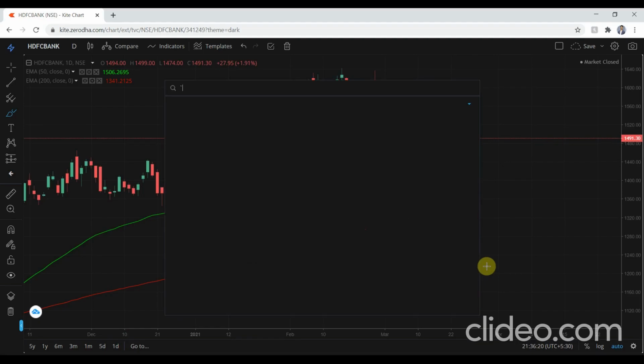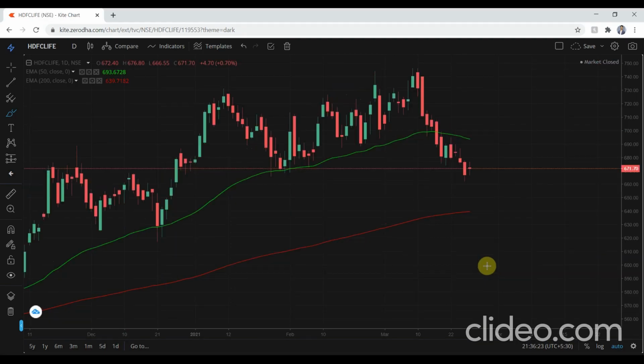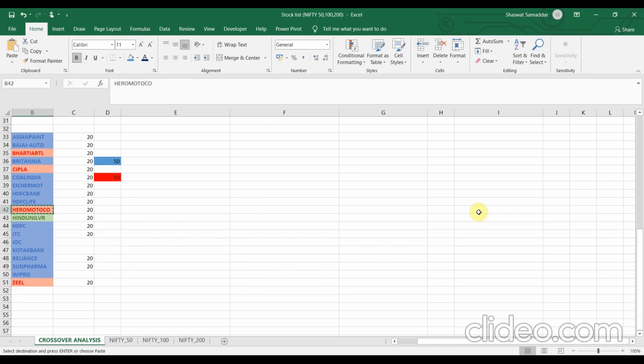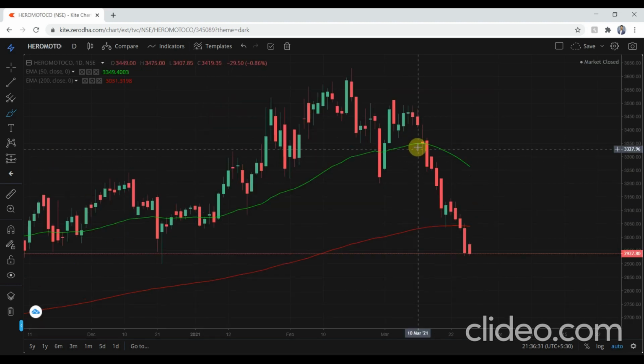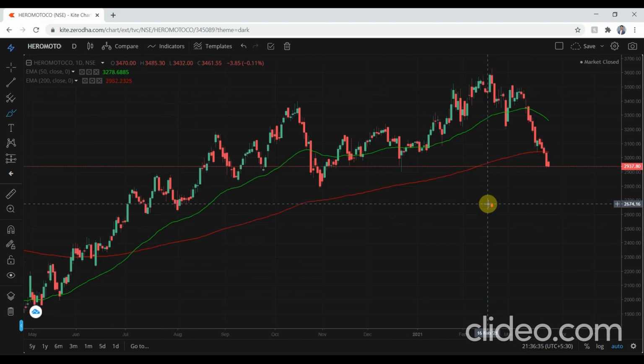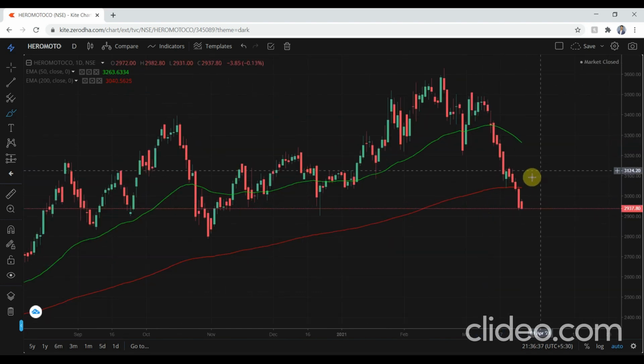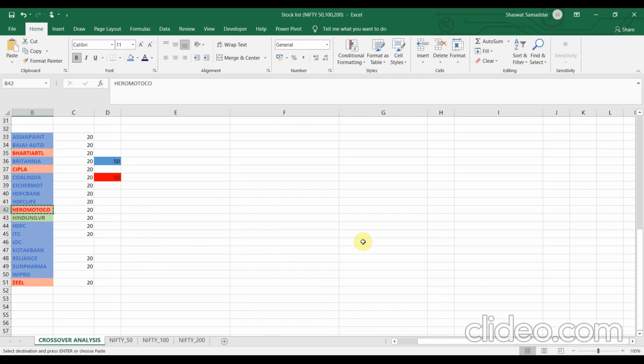HDFC Life, again well above the 200 EMA. Hero MotoCorp, okay, it's in a downtrend and it's coming down, so we might see a crossover in say about 10 or 15 days, or it might bounce back from here itself. So we could ignore this.